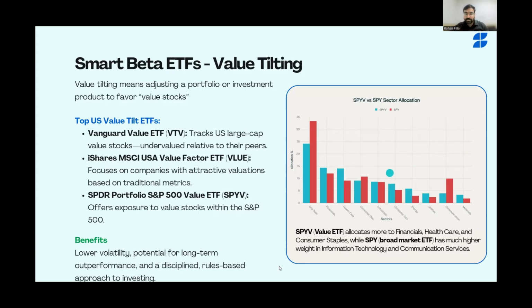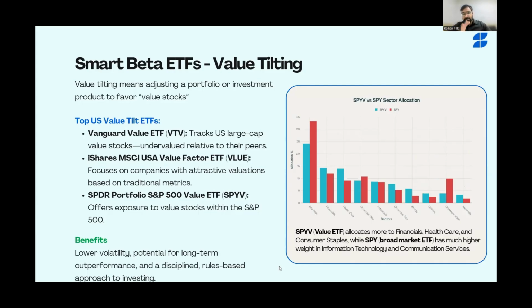So if you look at the graph, SPY is having more bias towards the sectors. Like SPYV is focusing towards financial, healthcare, and consumer staples.